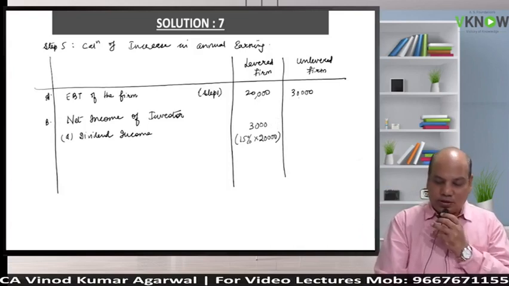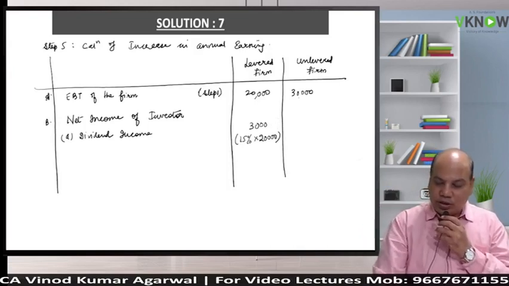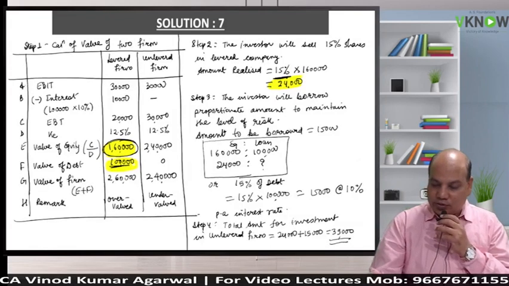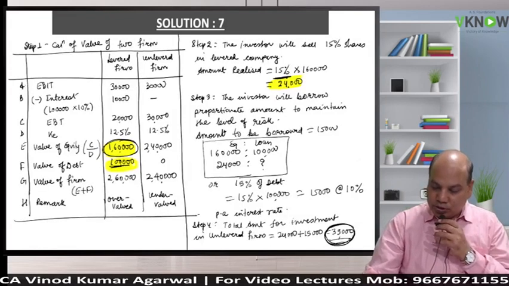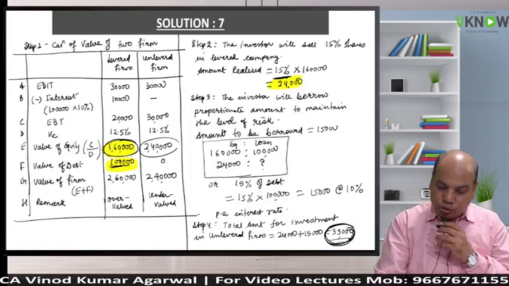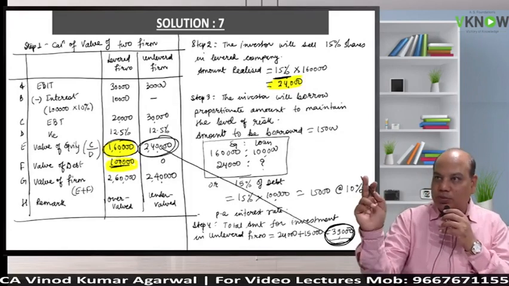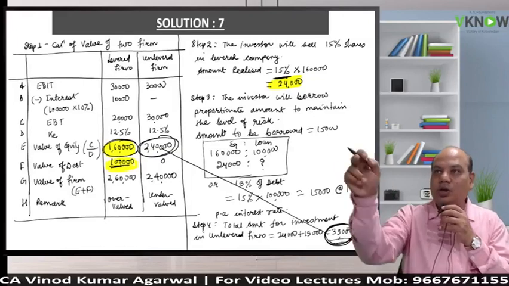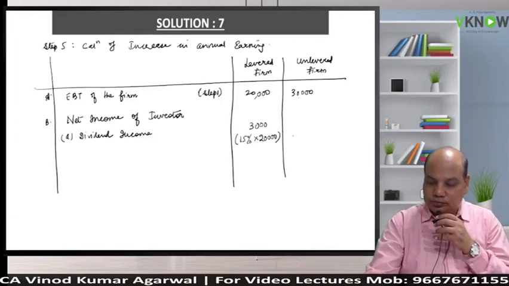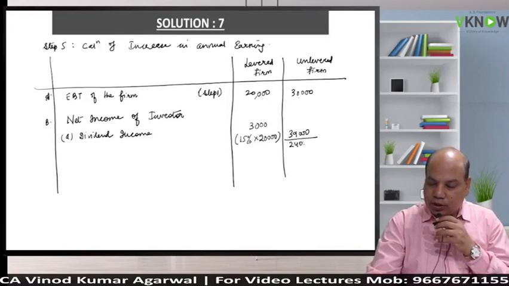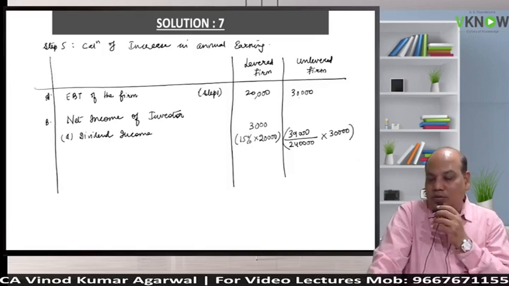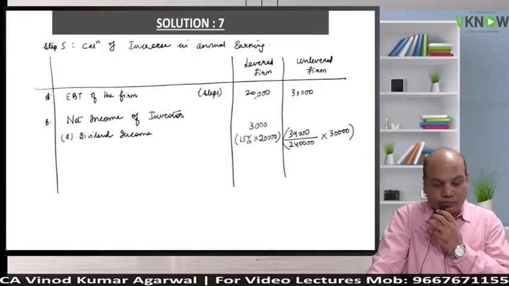How much will he get now? Now he has purchased, on the screen, pay attention, 39,000 rupees divided by 2,40,000. So his stake in the company is not 15%. It is 39,000 out of 2,40,000. Total valuation is 2,40,000, into the share in the earning, 30,000.